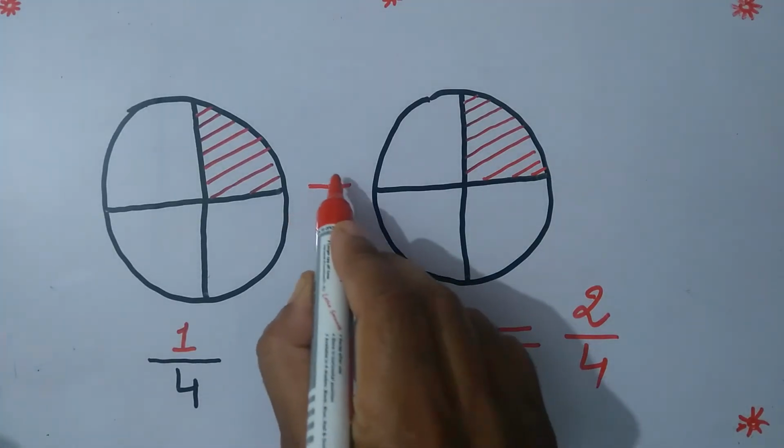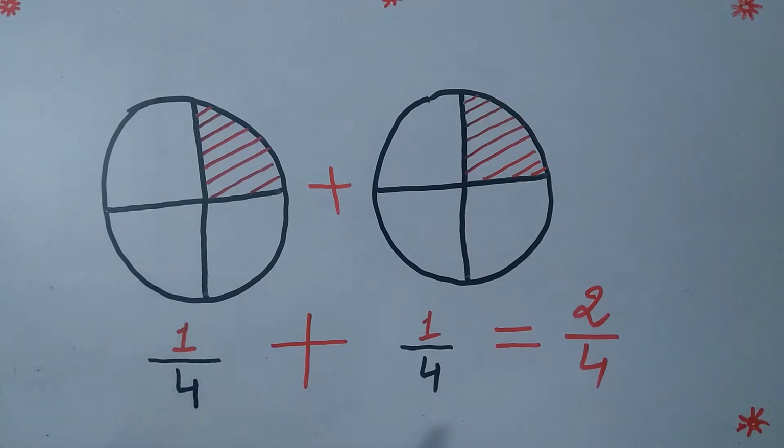So if we add these two circles, what is the result?